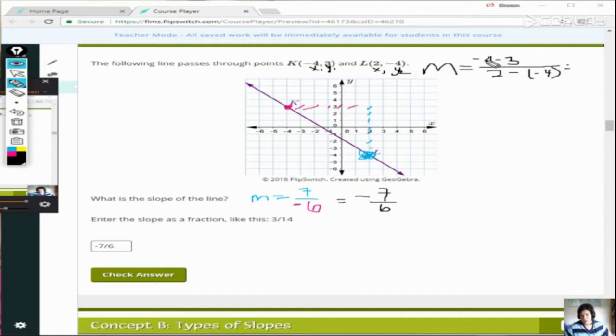Okay, so then -4 minus 3 is -7, divided by 2 minus a -4. I have double negatives, which makes it a positive, so 2 plus 4 is 6. And if you notice, the negative sign was in the numerator this time. That's okay, because it is the same thing as -7/6.